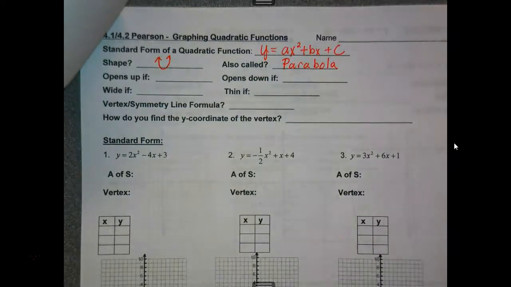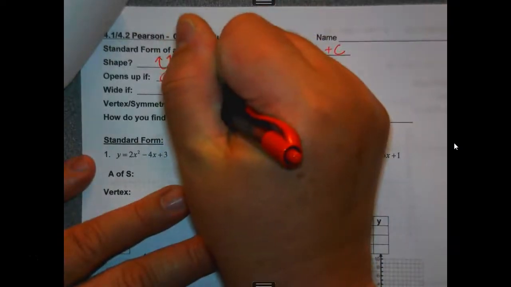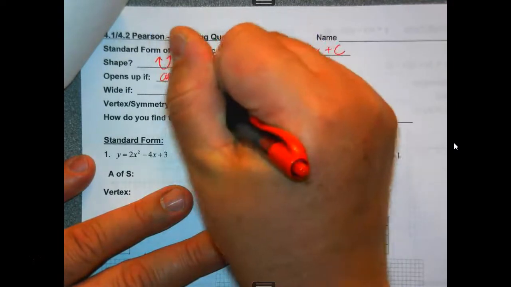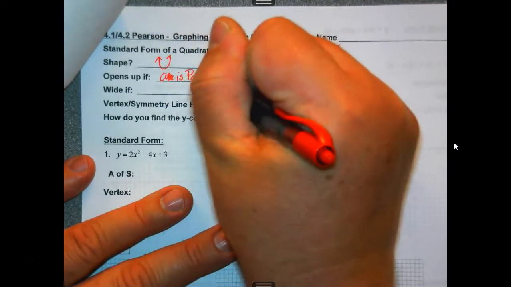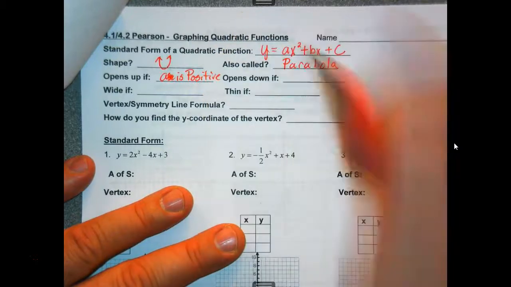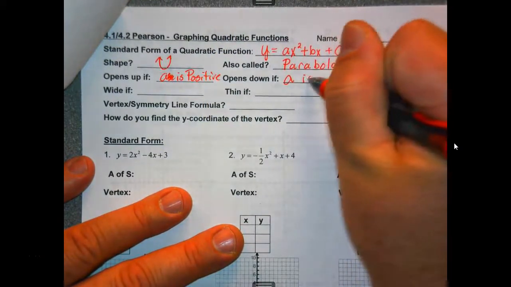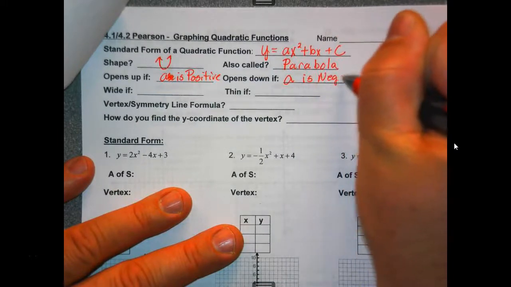Okay, it opens up, points upward, if A is positive. Wonderful. Way to go, Gunner. A is positive. And it opens down if A is negative. I knew you could do it.